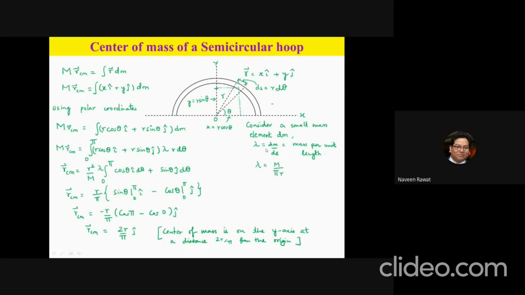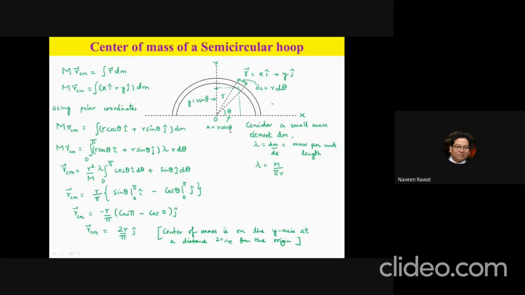Now we can substitute dm as lambda times ds in our expression here, and ds is r d theta, so you get lambda times r d theta. And now we are integrating from zero angle all the way to an angle of pi, 180 degrees.